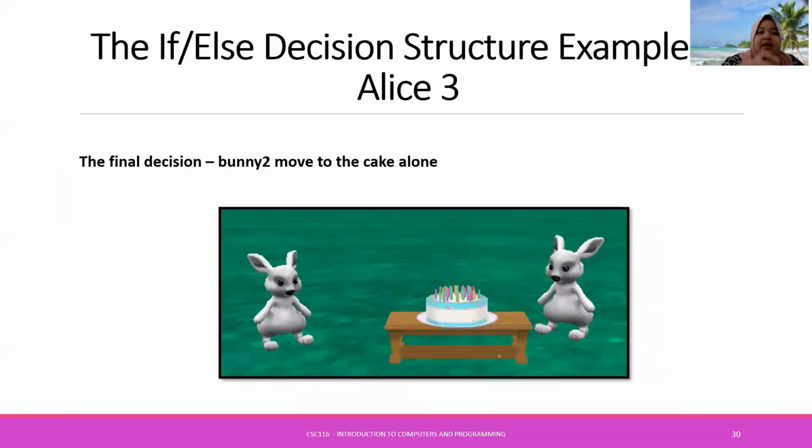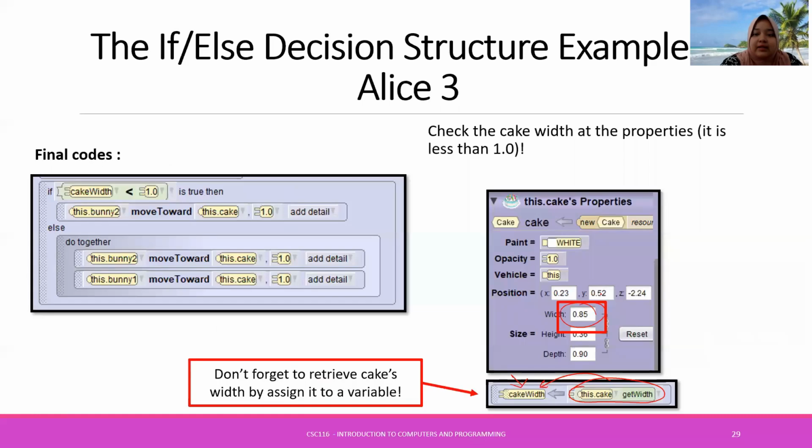Okay. So the final decision, bunny to move to the cake alone. Kenapa bunny tu yang ke depan? Kita check balik yang tadi kita buat, iaitu nilai width dia adalah saya set kepada 0.85. So bila kita check if cake width, okay, bila dia nampak cake width ni, dia akan pergi ke variable this one, betul? Variable ni dia dah pegang this cake get width.